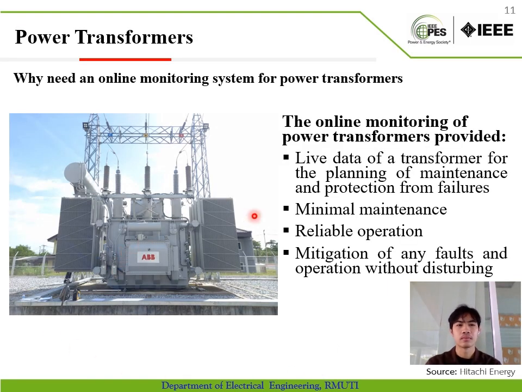With online monitoring of power transformer, we can monitor it 24/7 and get live data of the power transformer for planning, detection, and maintenance from any failures. The output is minimal maintenance, safety and reliability for the power transformer system, mitigation of any fault, and keeping the transformer in operation without any disturbance.